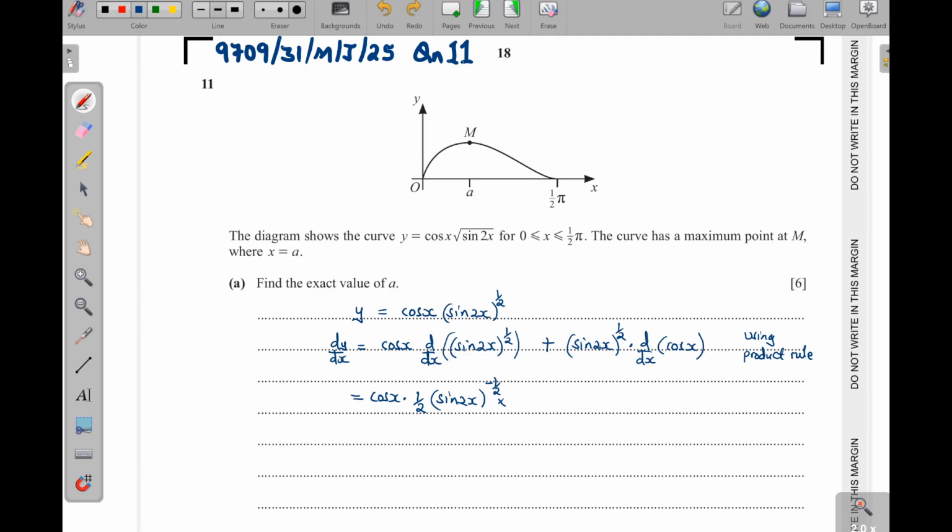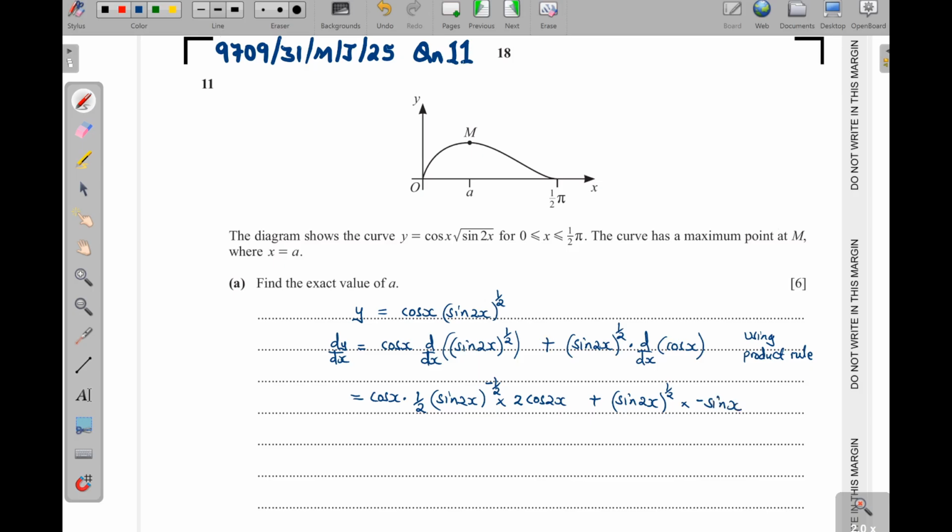So when you differentiate sine, you'll get a cosine. Okay, but again, there is this 2x, you also enter inside here and you differentiate this. So there is a lot of chain rule applied here. So when you differentiate 2x, you get a 2, so I will multiply through that. And then plus, this is sine 2x to the power of a half, and then times, when you differentiate cosine, you get a negative sine.